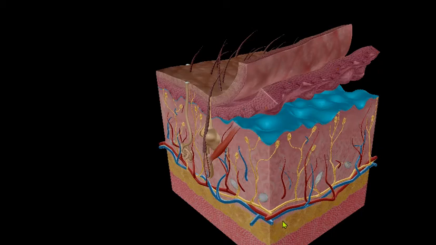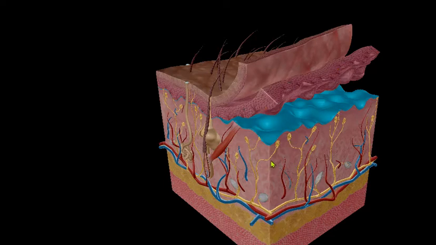Then below the dermis you have the hypodermis. So let's reiterate: the basement membrane separates the epidermis above from the dermis below.